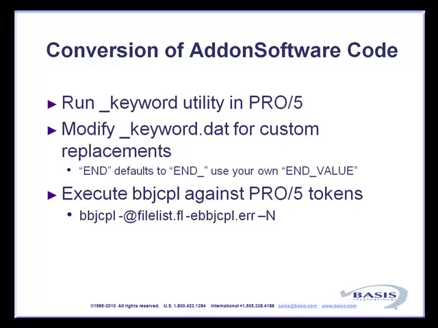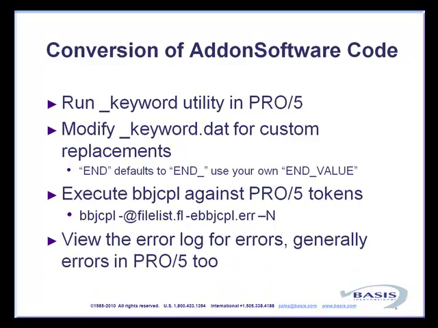So this will merely give us a listing of the errors that BBJ CPL will discover when run against the file lists of programs. You could specify a particular directory to write the output and the various other switches.